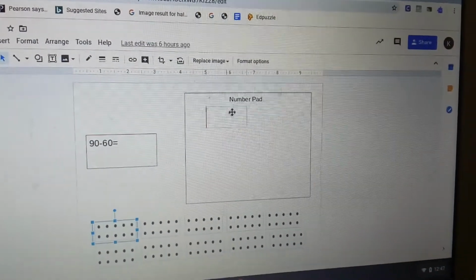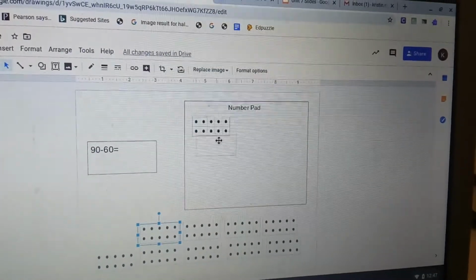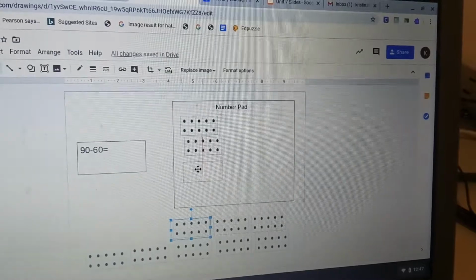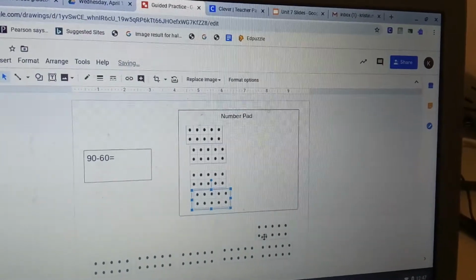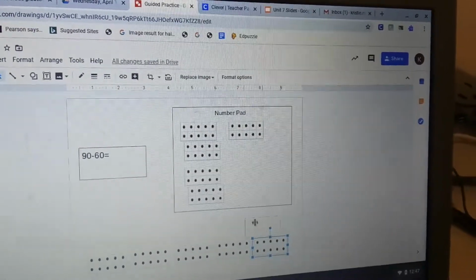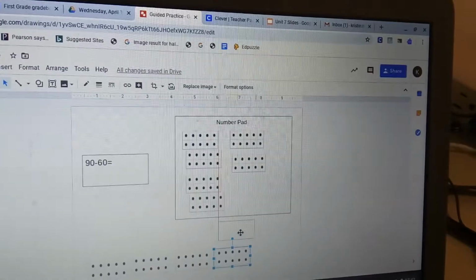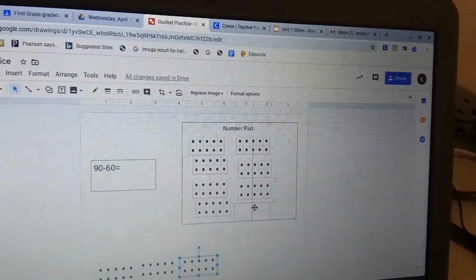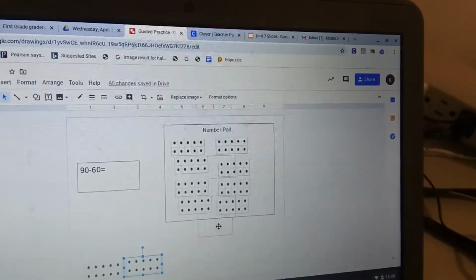Ready? 1, 2, 3, 4, 5, 6, almost there, 7, 8, and one more, 9. And I'm going to put the 9 down here because I barely have room.